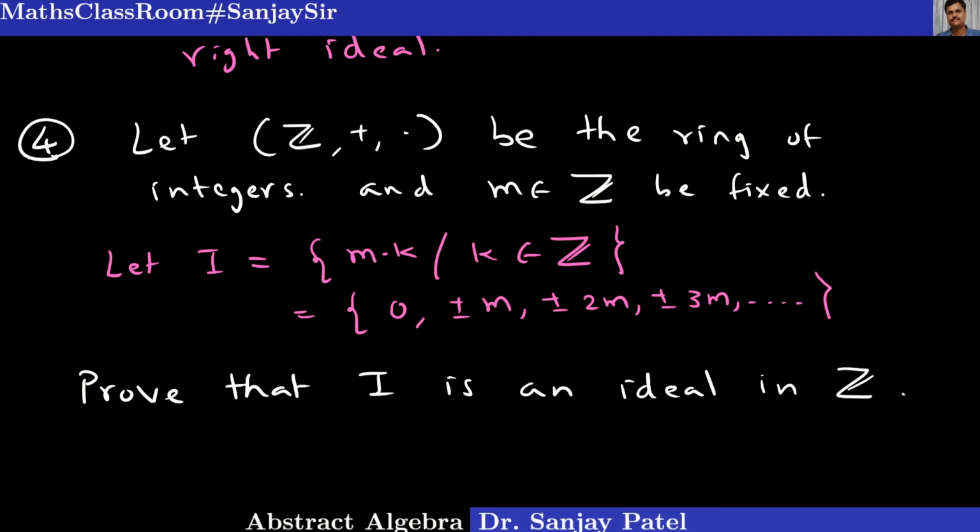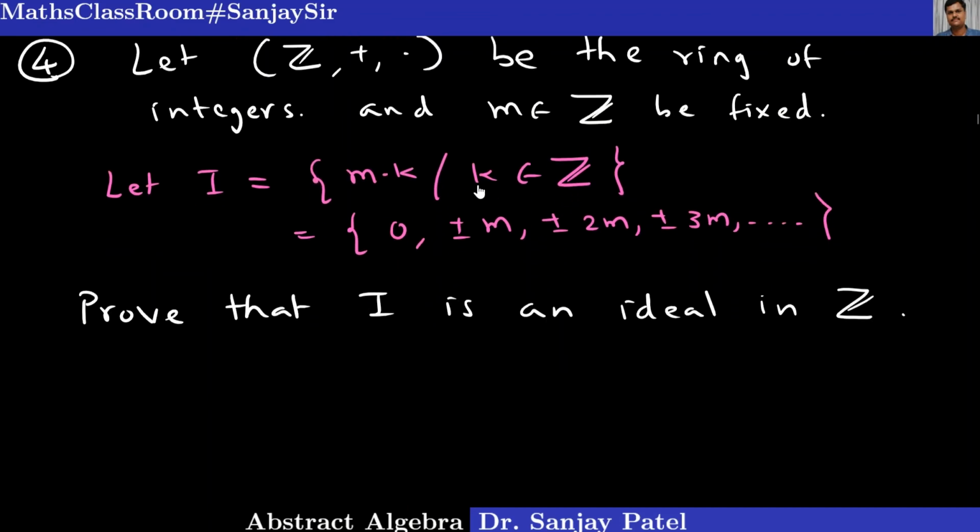Before we prove it is an ideal, just note that the set of integers is a commutative ring with unity. We know that Z is commutative with respect to multiplication: A dot B is the same as B dot A. And we have noted earlier that in a commutative ring, if you want to prove some set is an ideal, it is sufficient to prove it is either a left ideal or a right ideal.